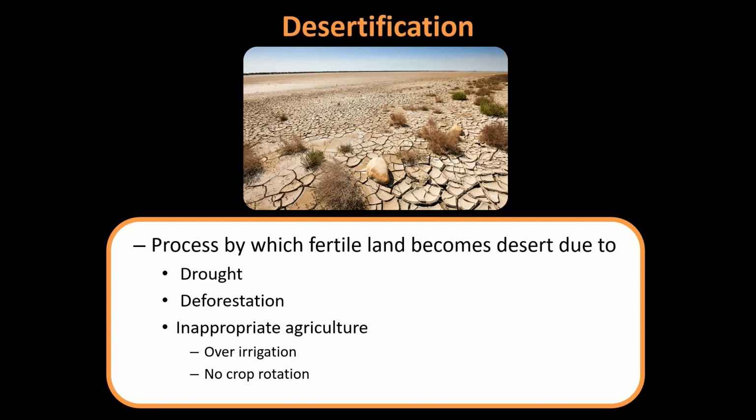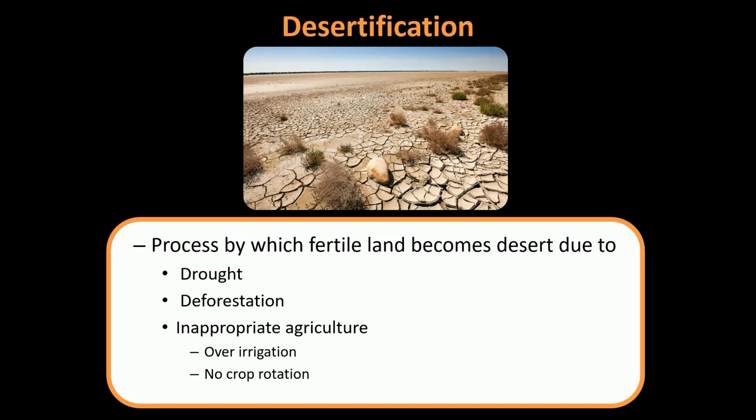Another way that desertification gets worse is through inappropriate agriculture, either from no crop rotation, where you just use the exact same crops on the same plot of land over and over again. Now, the reason why that is a problem is that certain crops pull particular nutrients out of the soil.